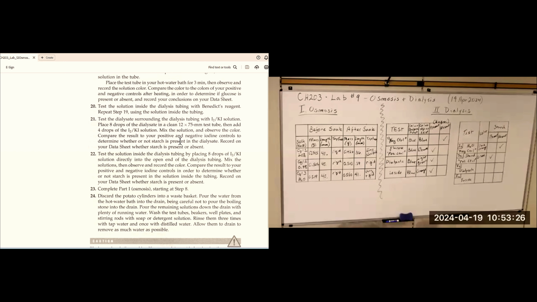Outside should be the point of no starch. Orange dialysate could be no starch. Inside, we're not sure yet, because it's still reacting.